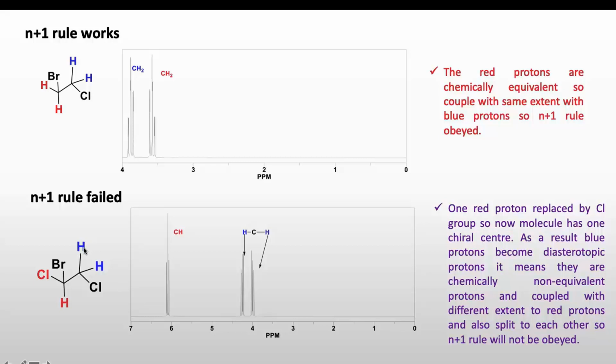This H will split this red proton into a doublet, and again this blue proton will split that doublet into a doublet. So finally we will get a doublet of doublet for this red proton, and the same for each blue proton. So this is a molecule where the n+1 rule is not working, and we have to apply the tree diagram.